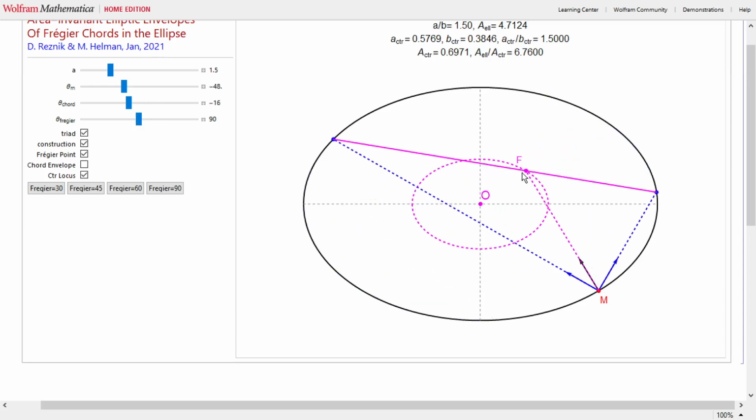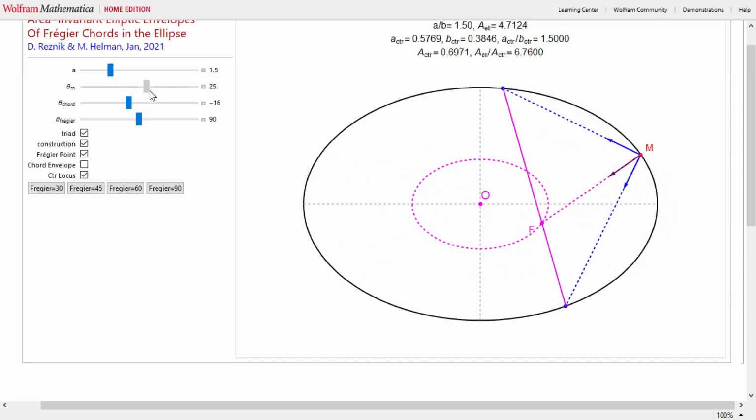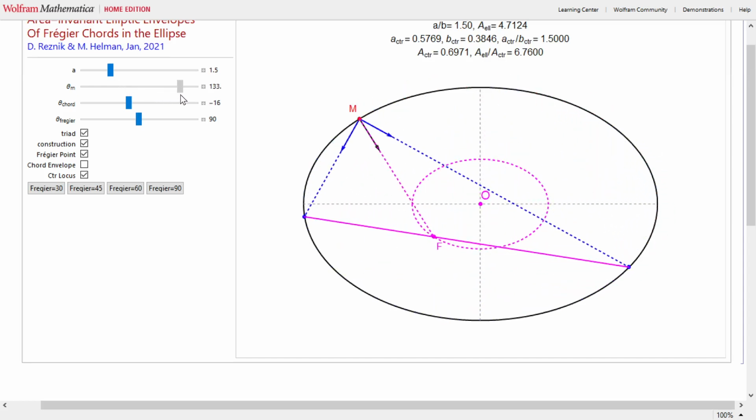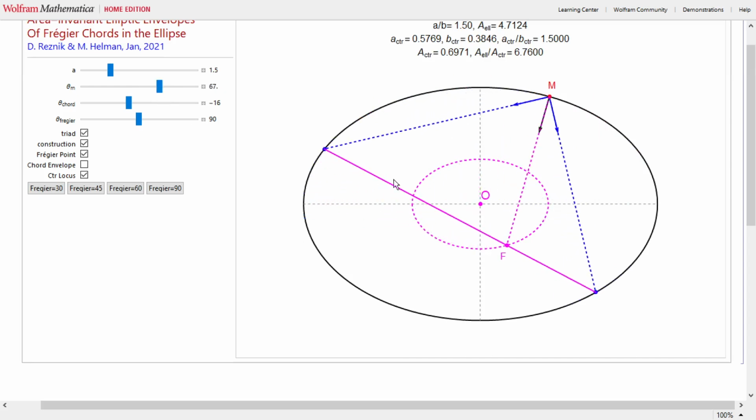So given an M, I have a Frégier point. If I move M, I get a locus of Frégier points. And this locus just so happens to be an ellipse, which is homothetic to the original one, axis aligned, concentric and homothetic to the original one.